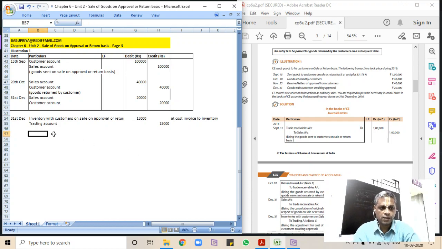Let me explain this. Sale price 20,000. Cost price, it says, plus 33.33 percentage markup. Markup is on the cost price.